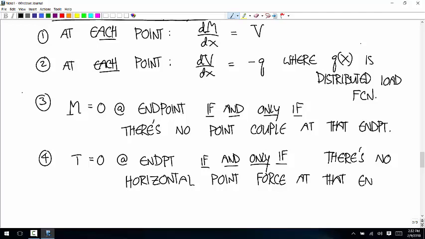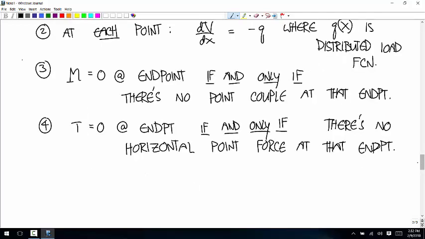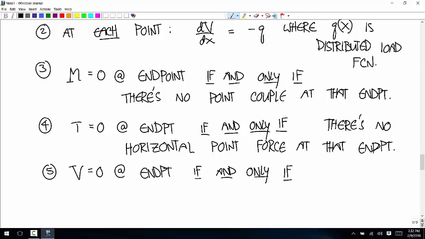Anybody want to guess what 5 and 6 are? Other facts. They sort of follow a pattern with 3 and 4. Yes. Shear force, right? So, well, yeah, let's do that one. So the shear force is 0 at an endpoint if and only if. What do you think this one will say? Yes.